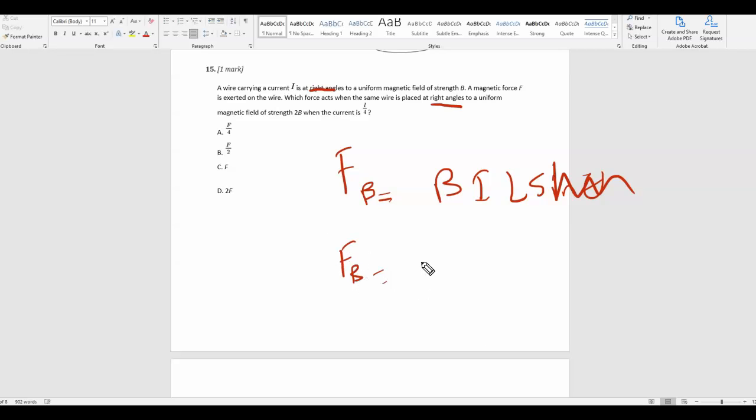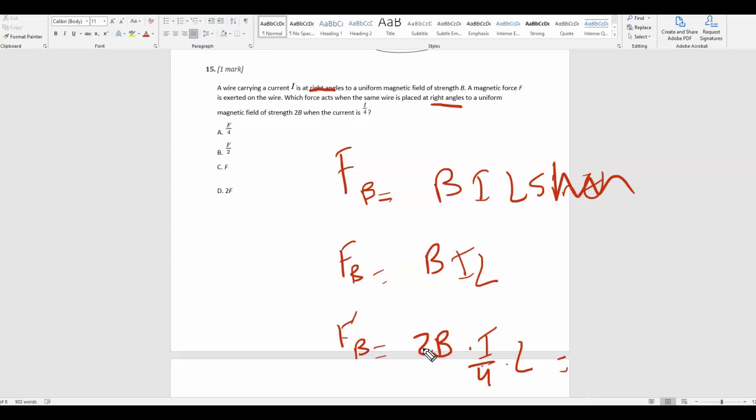So if the original force is BIL, it's basically asking what is the new force if we take the same wire, so the same length, but now we double B, so instead of B we have 2B, and then we make I over 4.